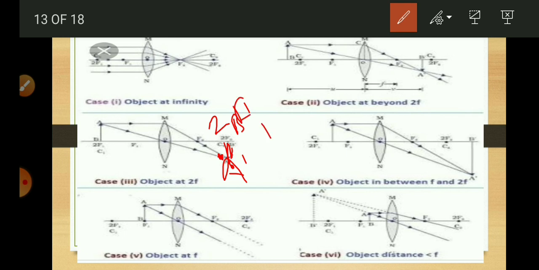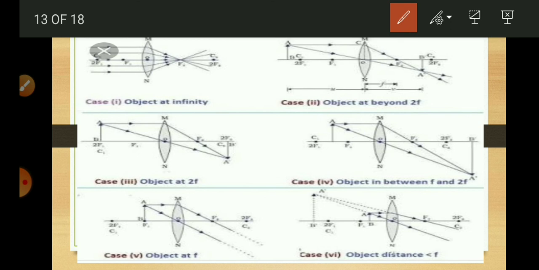So these are the properties of the image for the case when the object is placed at 2f1: the image will be formed on the opposite side of the object at 2f2. It will be a real and inverted image, the same size as the object.